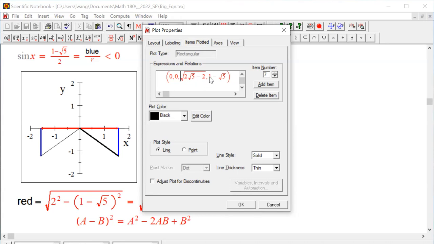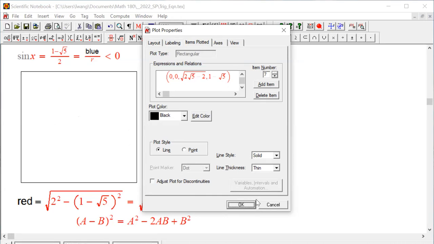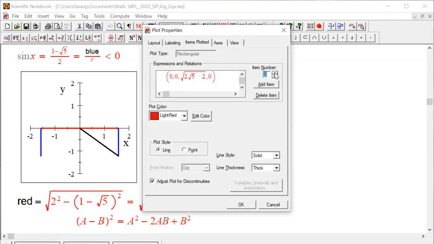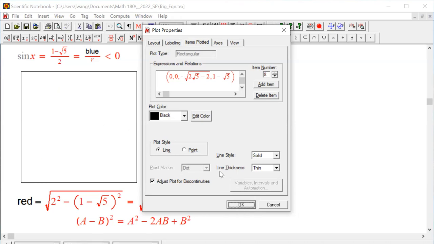There we go. That should do it. No. What did I do? That's one. Oh, make it thin. And let's add another one. That should do the work.